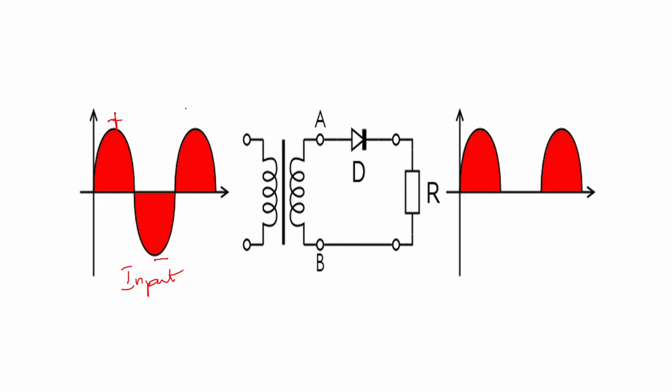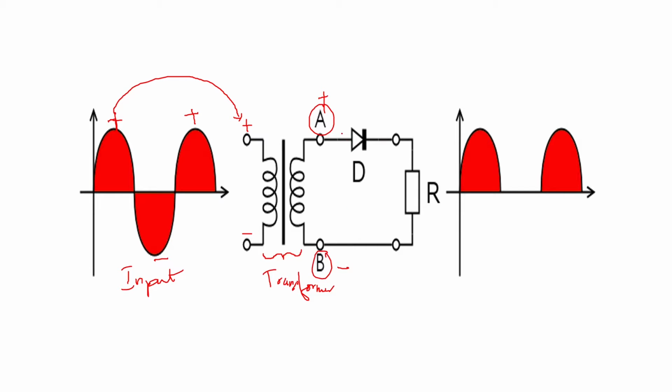At the start there is a step down transformer, which has primary and secondary coils. When the input is a positive half cycle, the top terminal will be positive and the bottom terminal negative. Similarly, point A will be positive and point B will be negative.